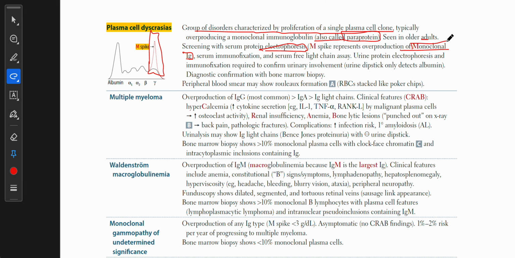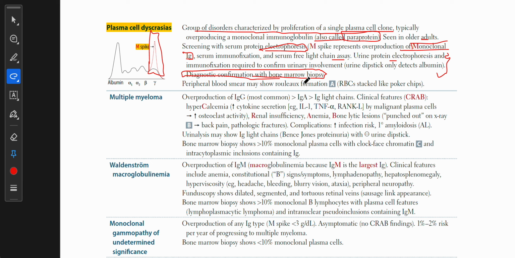Serum immunofixation and serum free light chain assay are also done. Urine protein electrophoresis and immunofixation are required to confirm urinary involvement, as urine dipstick only detects albumin. Diagnostic confirmation is done with bone marrow biopsy.